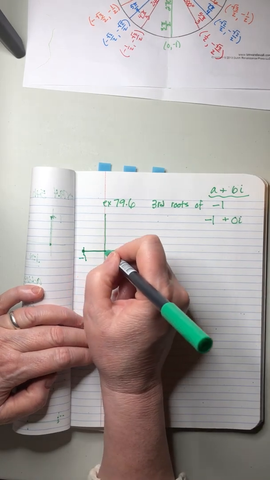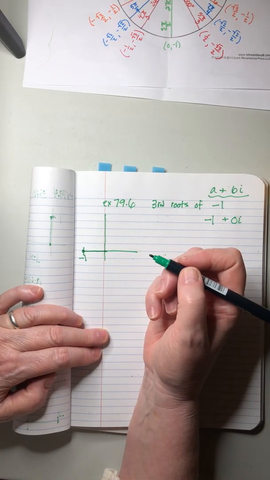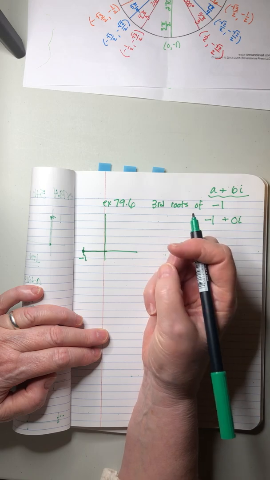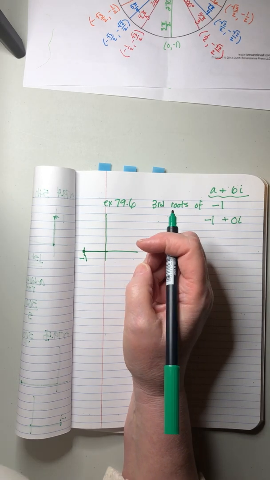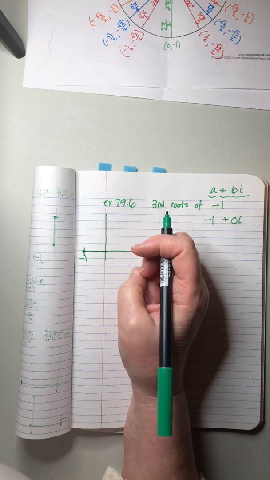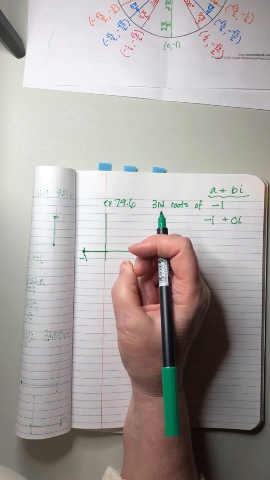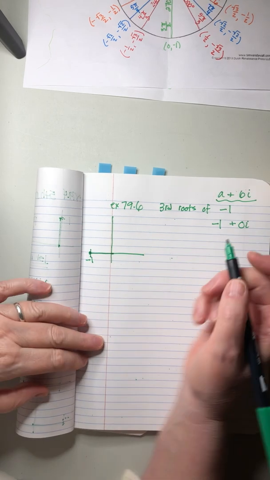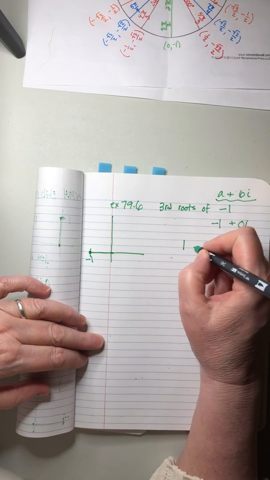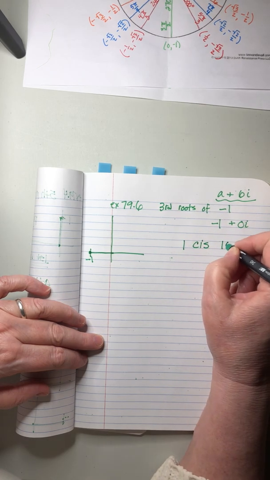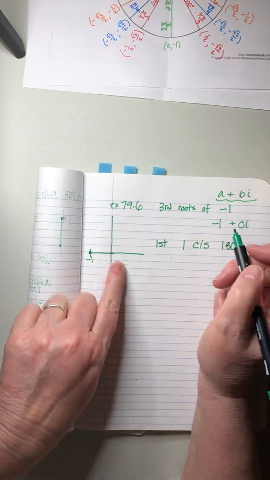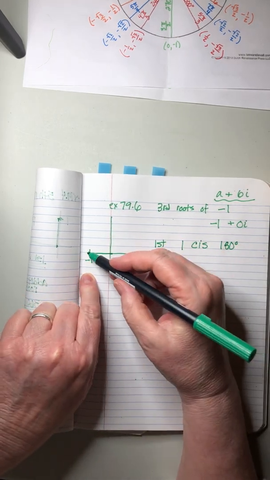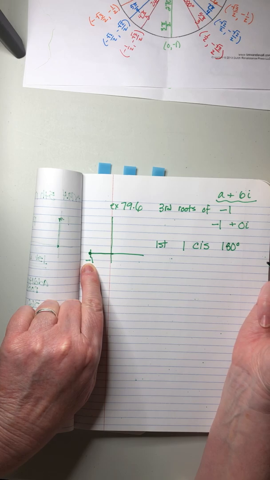And so that would be a 180-degree angle. So our first would be 1 cis 180 degrees. And we see it right here. That's 180 degrees, and we're 1 unit out, so that's at -1.